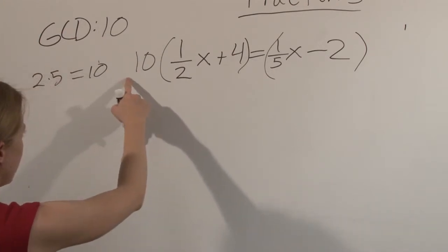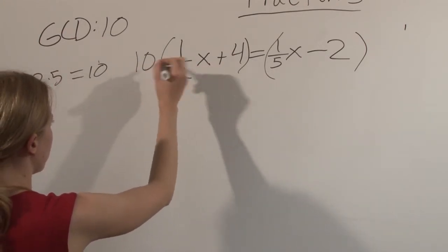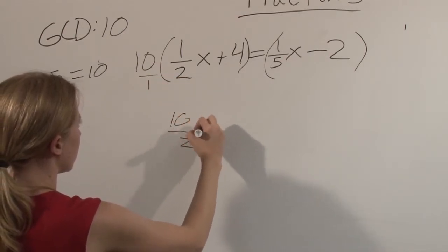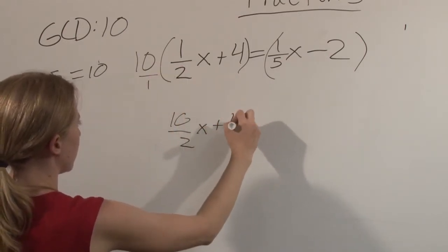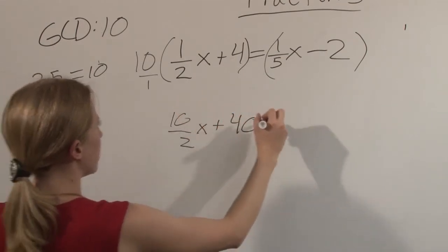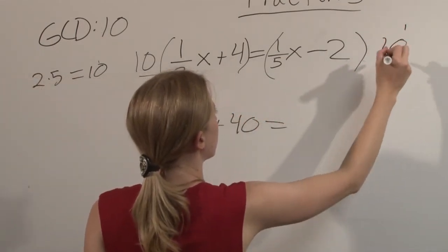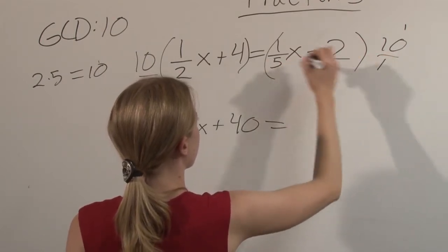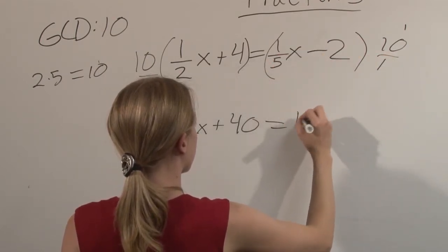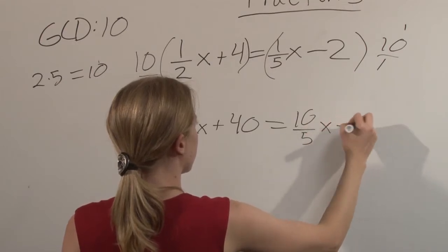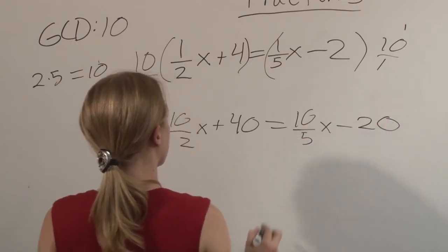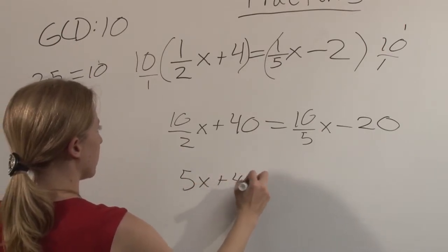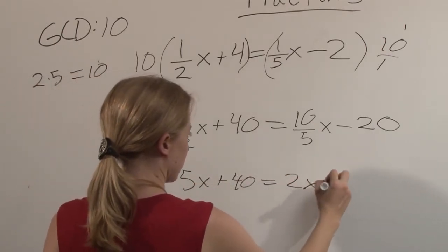So that's going to give me, if I just multiply straight across this time, I'd get 10 over 2x plus 40. And here I'm going to get 10 over 5 x minus 20. So now I'm going to reduce these. That's going to be 5x plus 40 equals 2x minus 20.